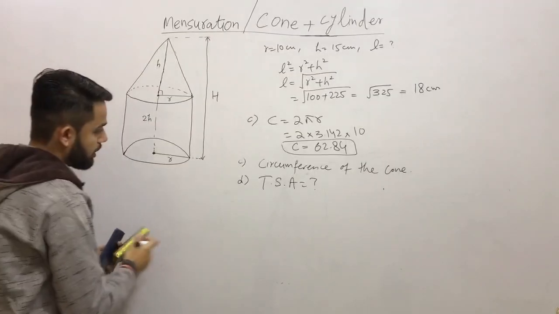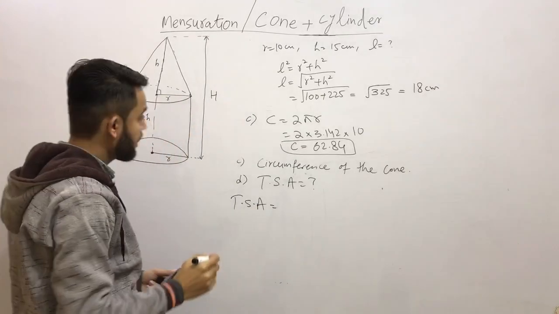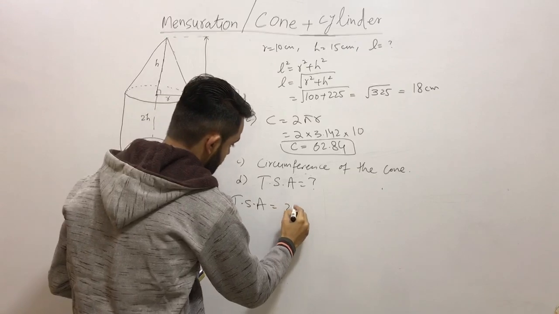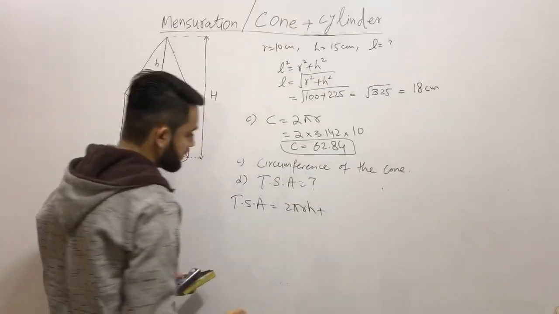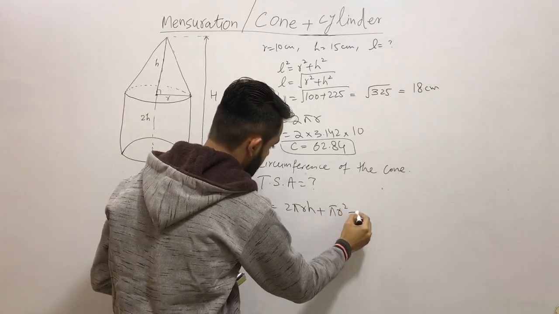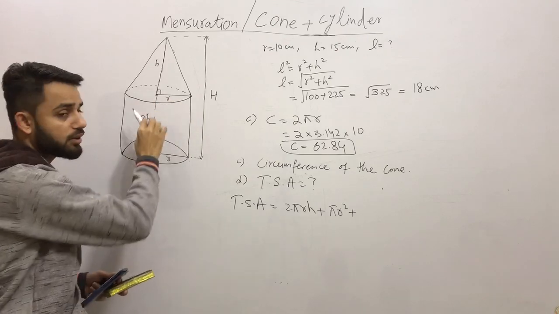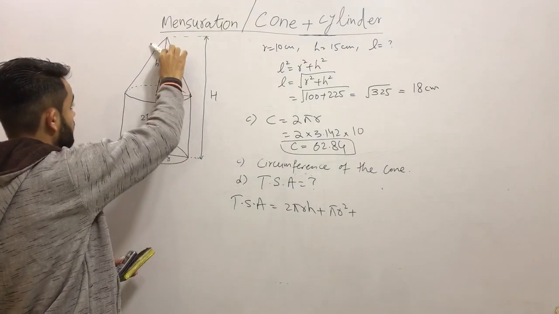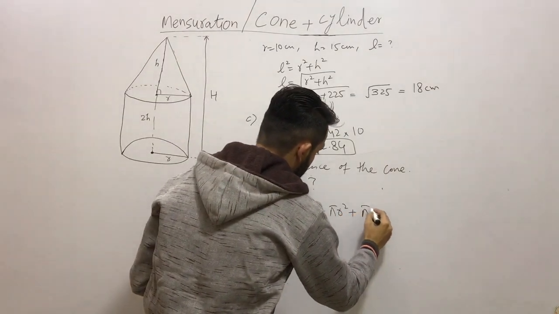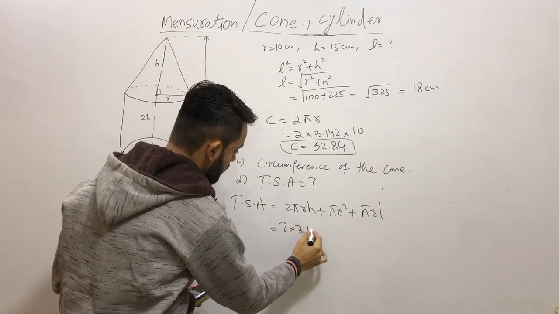Okay, so the formula for the total surface area would be area of this curved surface, which is 2 pi rh, plus this is closed, pi r square, plus since this is open, it means that the top circular base we are not going to include it, and there is only the curved surface of a cone, and curved surface of a cone is pi r l. So plug in the value 2 multiplied by 3.142.